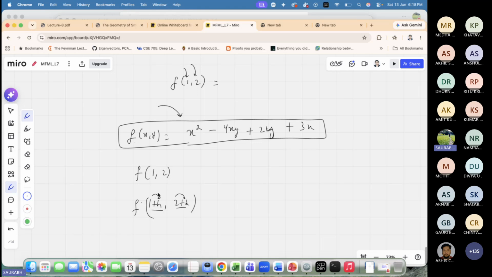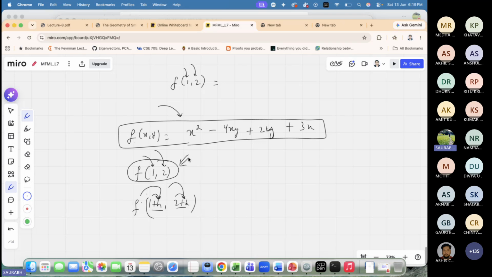So what would be the approximated value of the function h units from x, k units from y, or from the known point 1 and 2? This is one of the types of questions that I have been seeing all across. I'm not saying that this is the only type of question that can be framed from Taylor series, and it is almost sure that it will be asked.